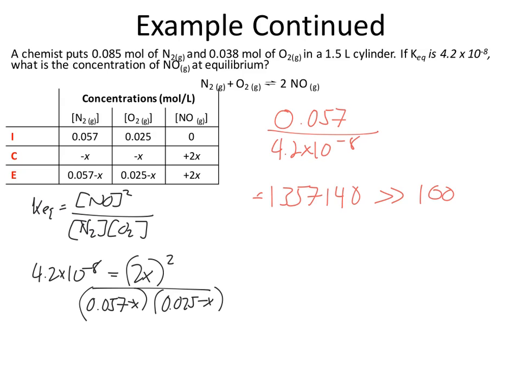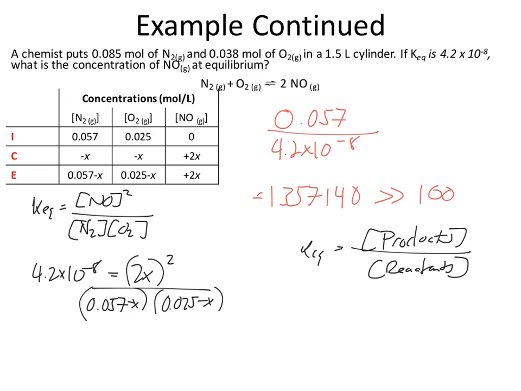Now, if the reactants are favored at equilibrium, if we remember that our KEQ is our concentration of our products over the concentration of our reactants, then to get this really, really small KEQ value, it means that this denominator has to be massive. And if that denominator is massive, it means that at equilibrium, we've basically converted almost none of the reactants into products. We're sitting over here.